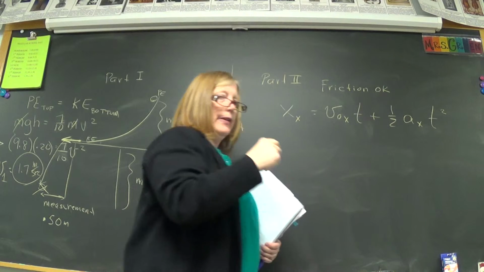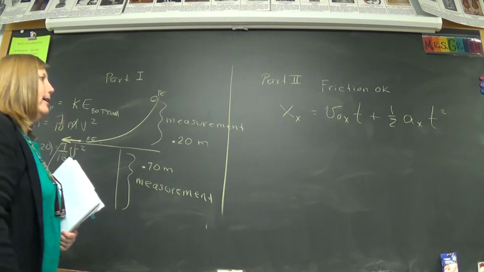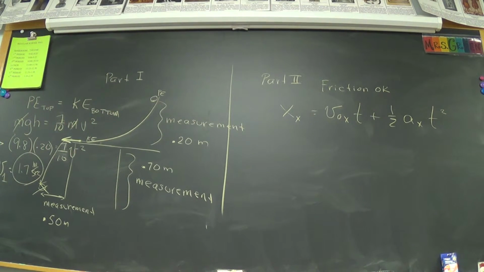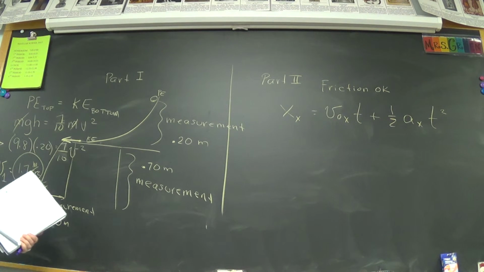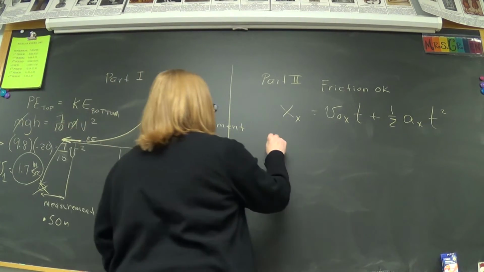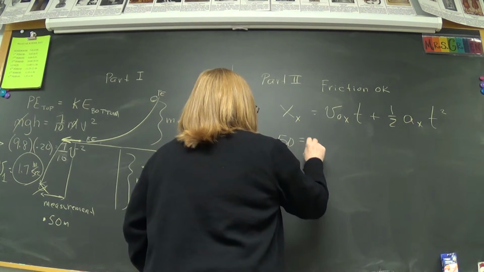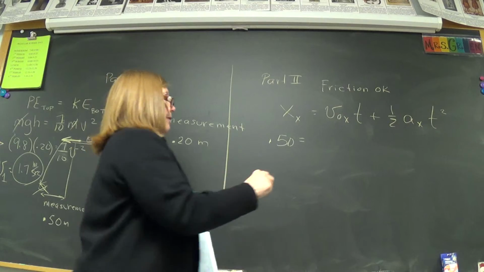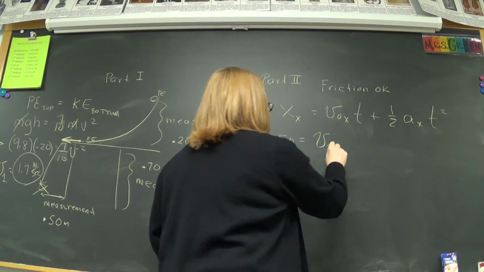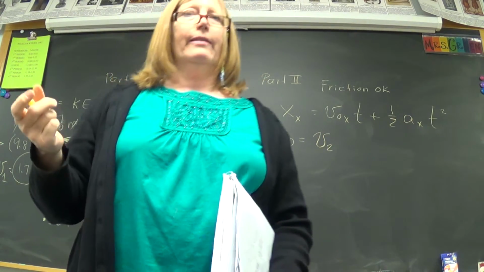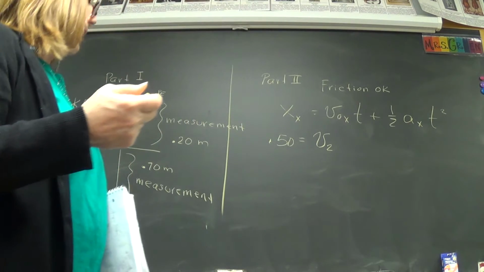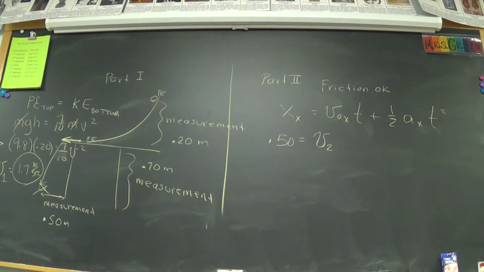All right, start filling in. Do we know X in the X direction? Yes. How far? My fake data is 0.5. All right, we're looking for a velocity. I'm going to call it velocity 2, so that's what we're going to call it in this lab. It is velocity in the x direction.